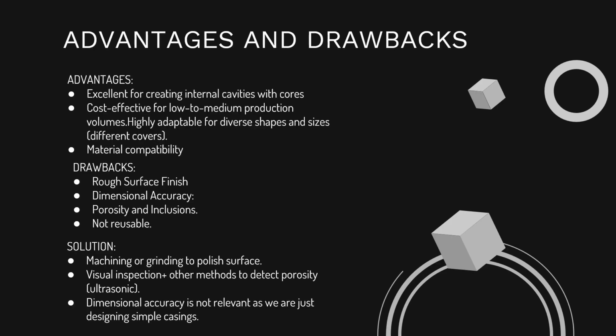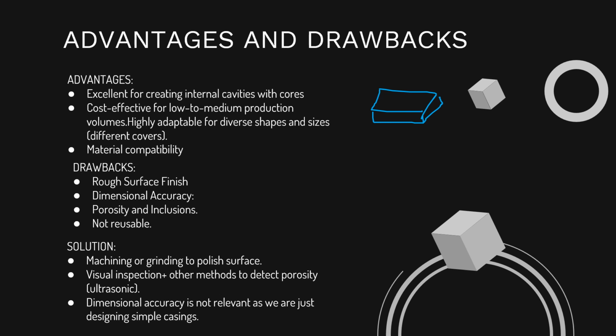The main advantages of this process is that sandcasting is a good process for creating internal cavities with cores. So in this case, where we are making just a simple box to include inside some electronic devices, it is great. It is an easy form.